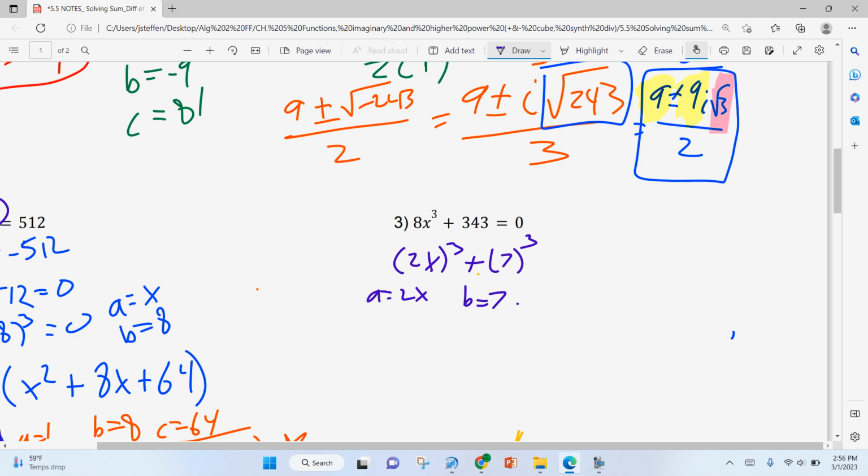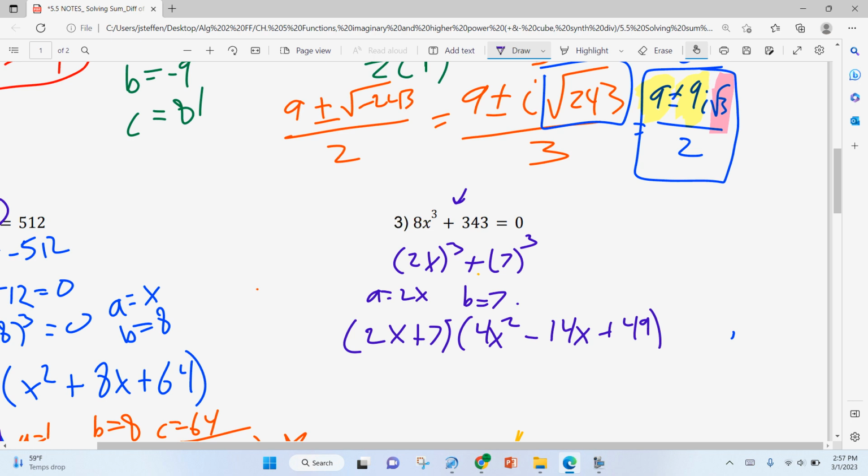So make sure you're careful with that when you're using the quadratic formula. So we end up with 2x plus 7, since we kept a plus here, times 2x squared, remember, is 4x squared. You have to square the 2 and the x, minus 2x times 7 is 14x, plus 7 squared.